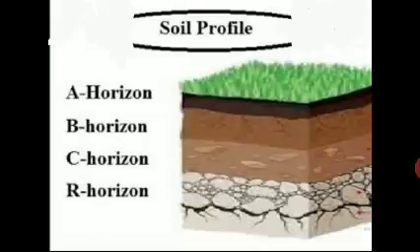Roots penetrate into this zone. It extends usually up to 2 meters in thickness. The hard and compact zone is called the R zone.